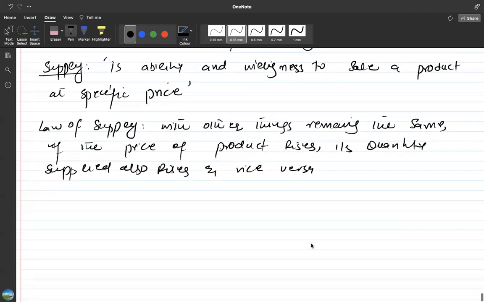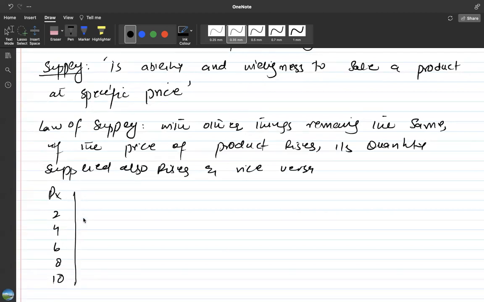We can make the table of that. For example, there is a price of good X: 2, 4, 6, 8, 10, and there is quantity supplied of good X: 10, 20, 30, 40, 50.